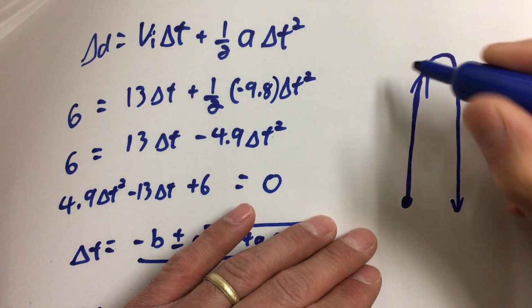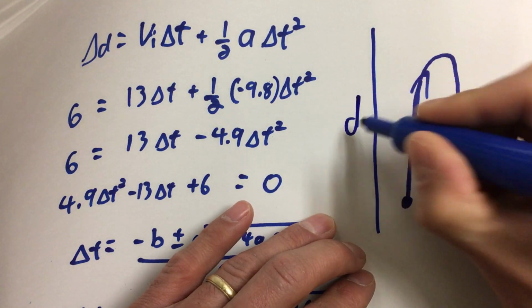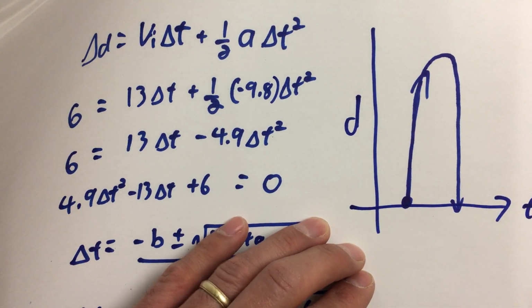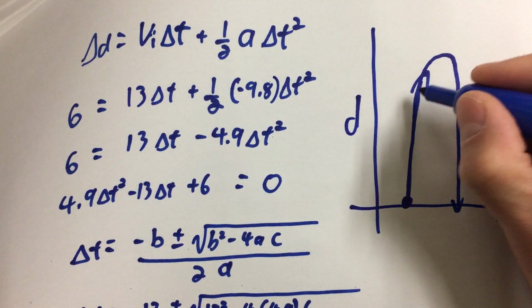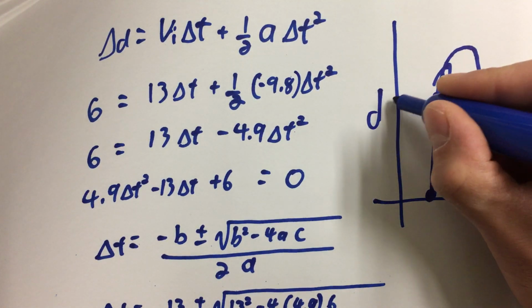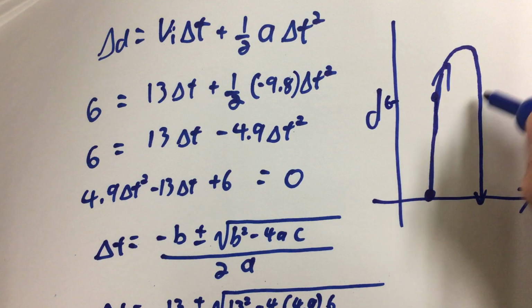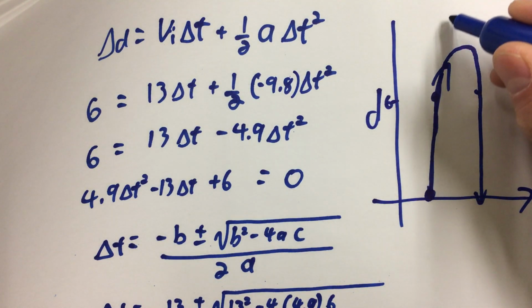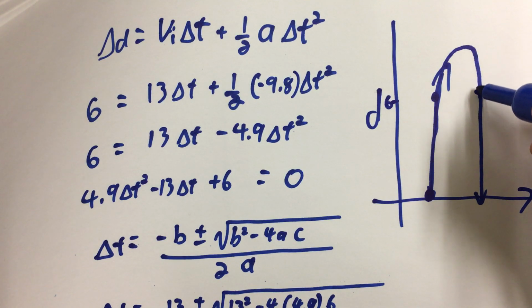So if I was to plot the position of this ball against time, and I was to ask at what time was it at a height of 6, there would be two answers, because it hit a height of 6 on its way up, and then it hit a height of 6 again on its way down.